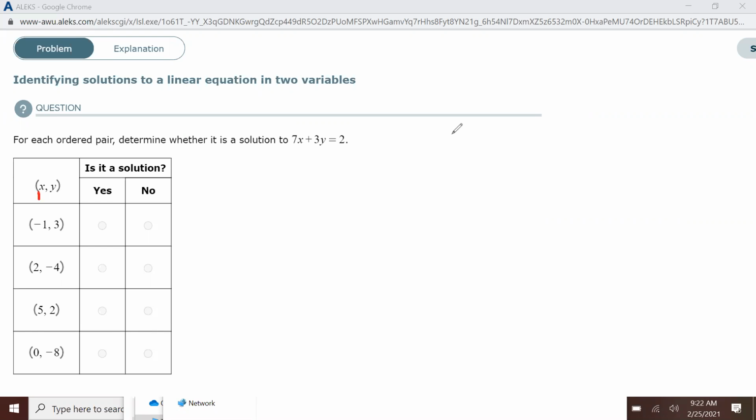The x-coordinate is -1, and the y-coordinate is 3. Therefore, I will replace x with -1 and y with 3 and see if they really are equal. If they are, then the answer will be yes, it is a solution.